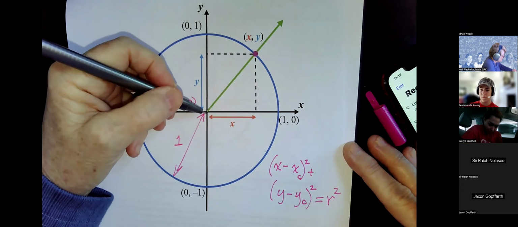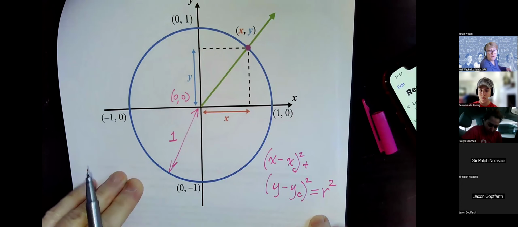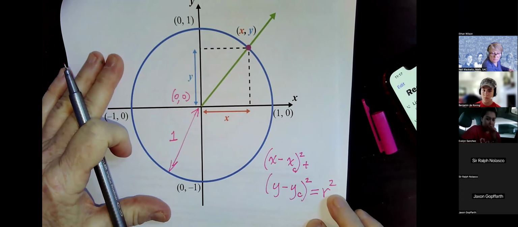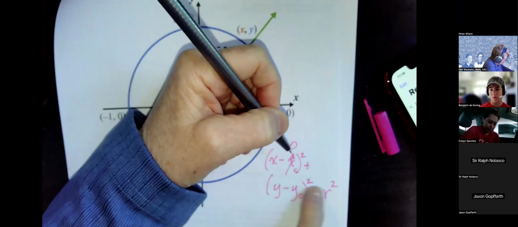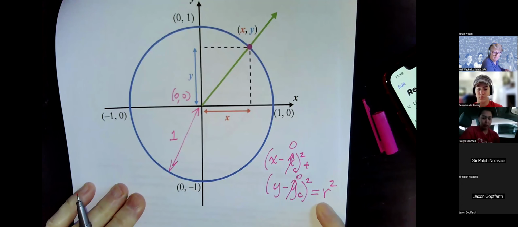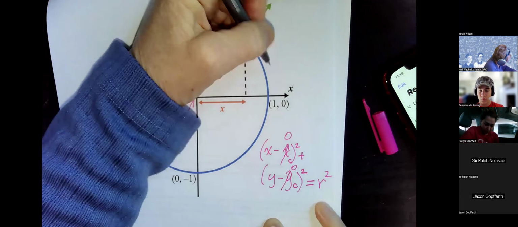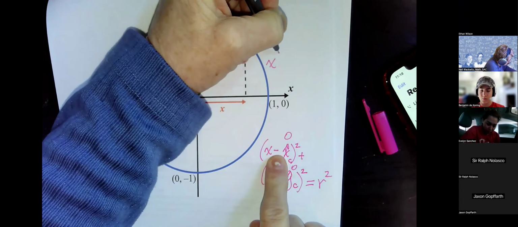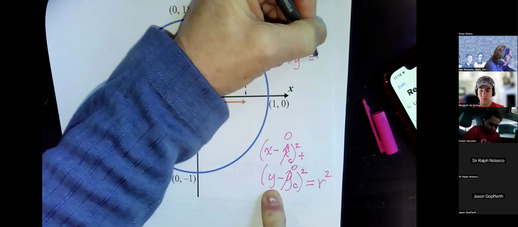Radius is the distance from the center to the edge. In this case, the center is 0, 0, and the radius is 1. So the unit circle is x squared plus y squared equals 1.